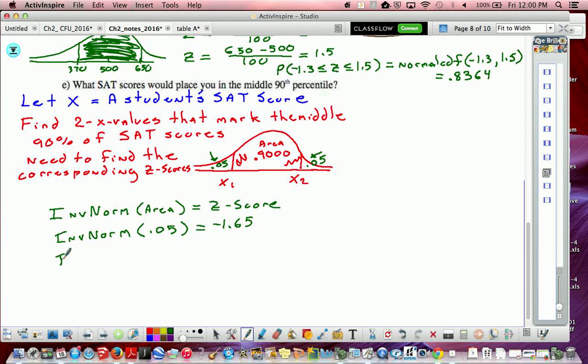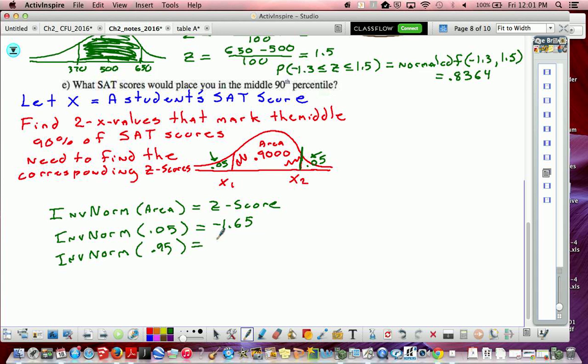What value would I use for the upper? What's the area below this line? 0.95, because you have the 90% and the 5%.